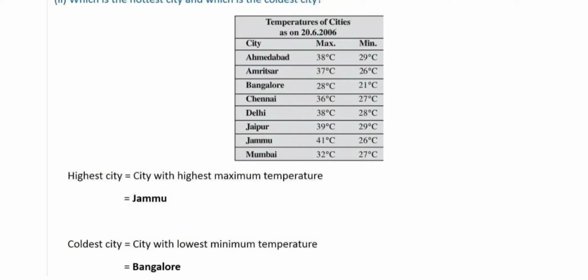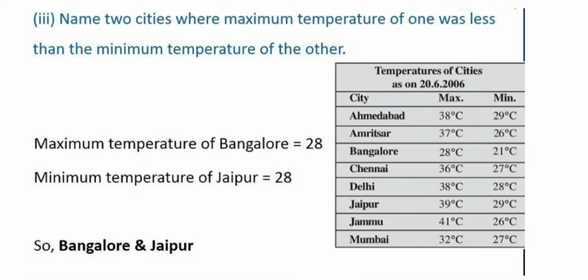Which is the hottest city and the coldest city? The hottest city is the city with the highest maximum temperature, that is Jammu, and the coldest is Bangalore. Name two cities where the maximum temperature of one was less than the minimum temperature of the other. The maximum temperature of Bangalore is 28 and the minimum temperature of Jaipur is also 28.